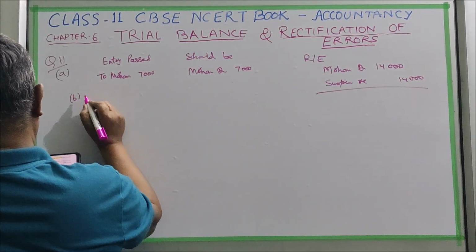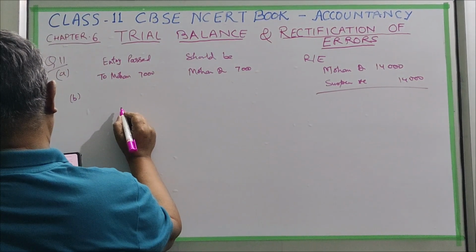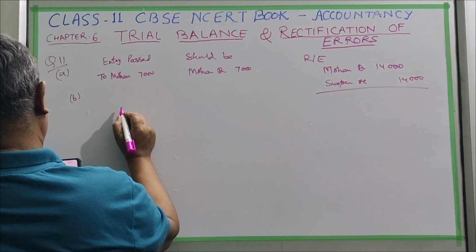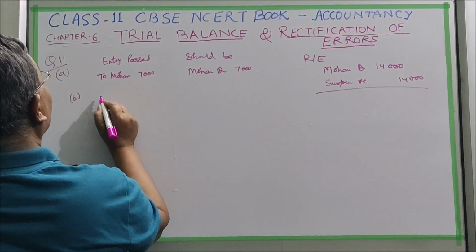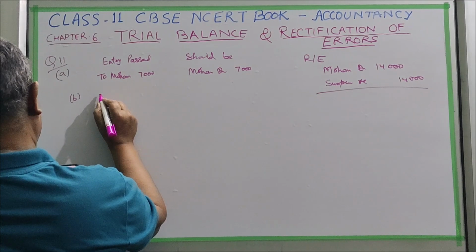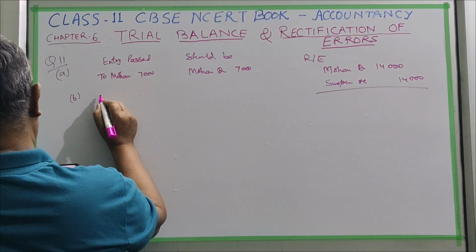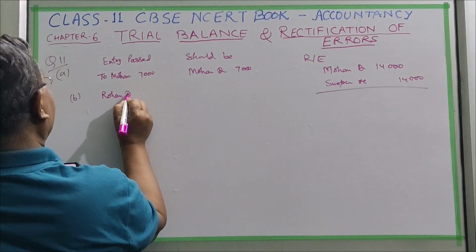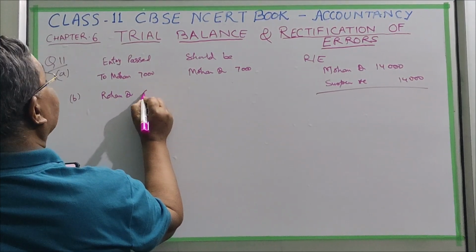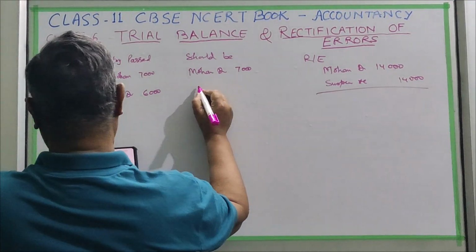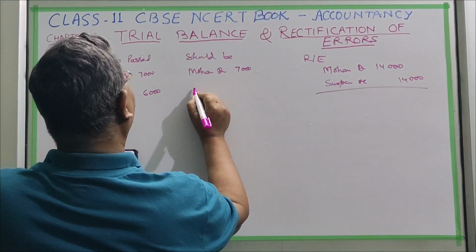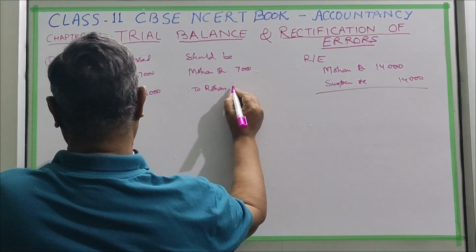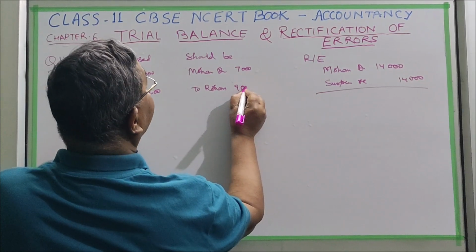Then B. Credit purchase from Rohan 9,000 posted to the debit of Rohan. So you have done Rohan debit 6,000. It should have been credit purchase from Rohan, and the amount should have been 9,000.